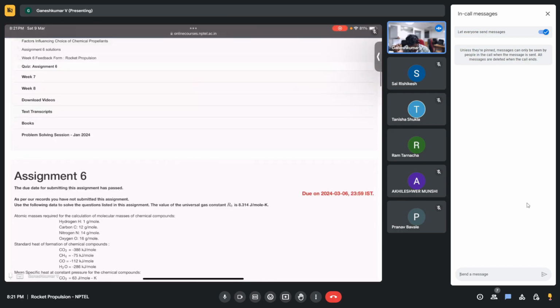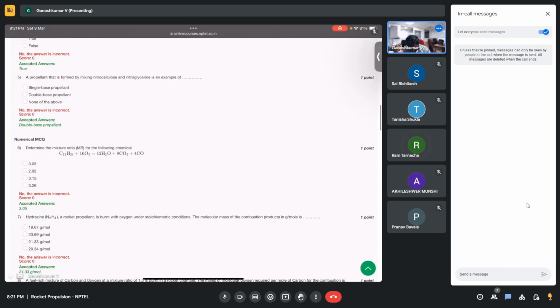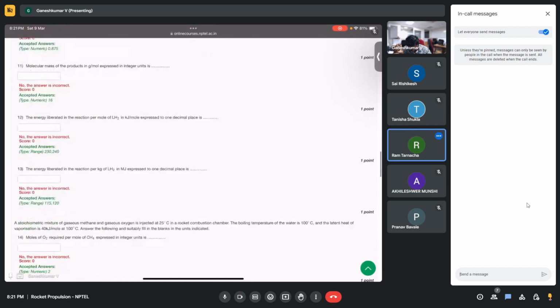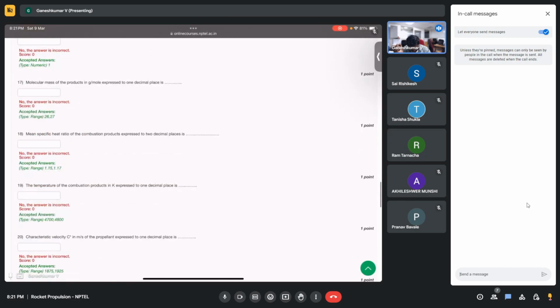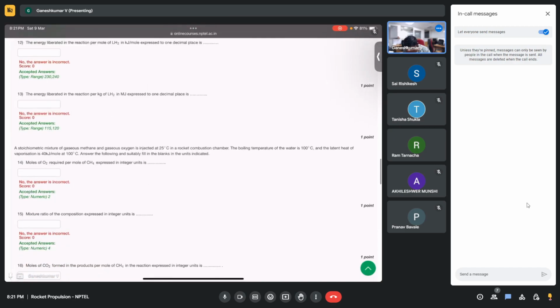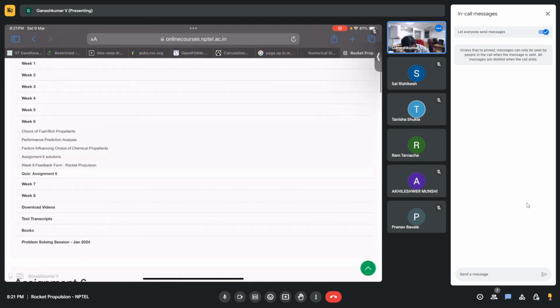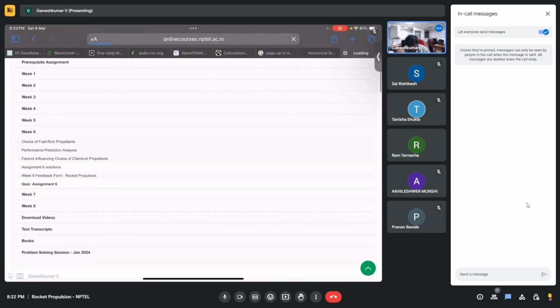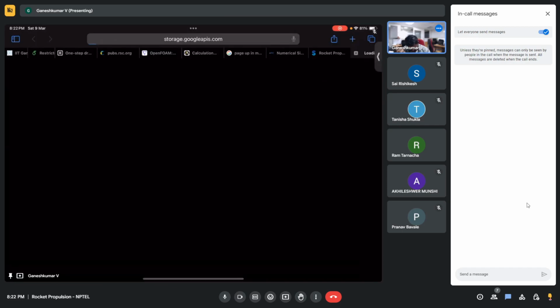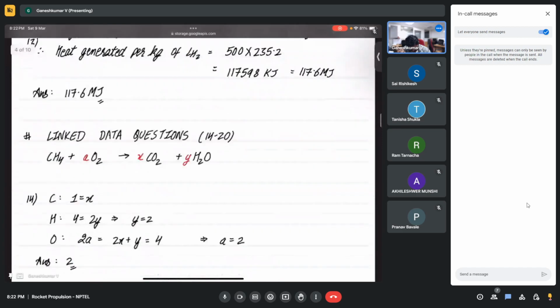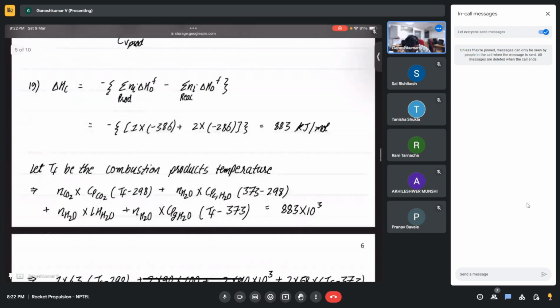So which question? Number 19. Number 19, okay. Temperature of the combustion products. Look at the solution. Twelve, 13, 19. Okay.